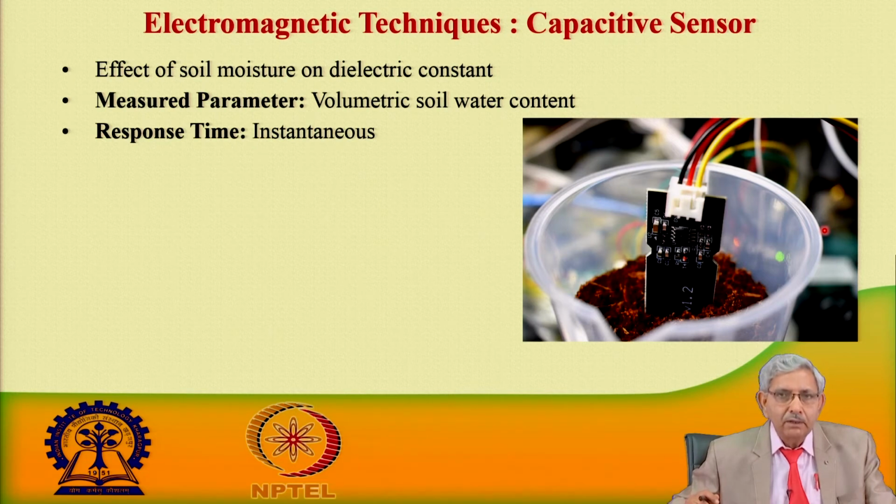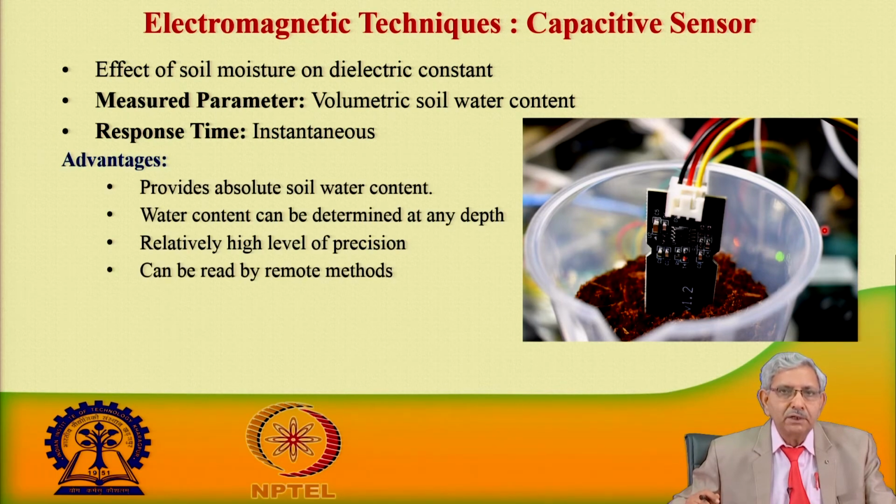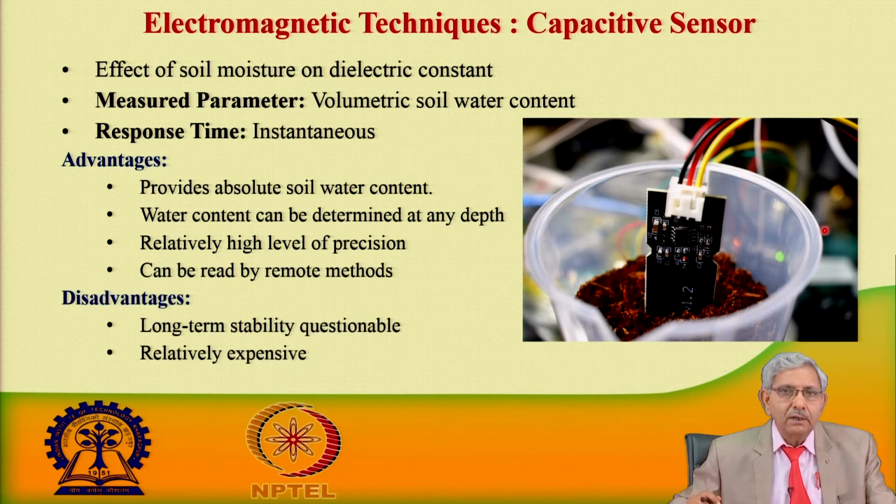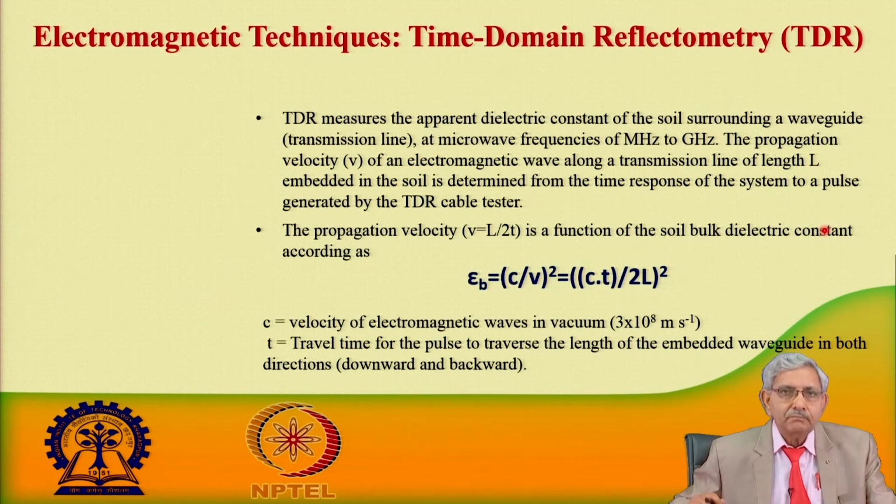Response time from such devices is instantaneous, and this gives a relatively better response as compared to the resistive unit. There is a question about the long term stability of such observations, and relatively, as compared to resistive or granular soil moisture sensors, they are expensive.